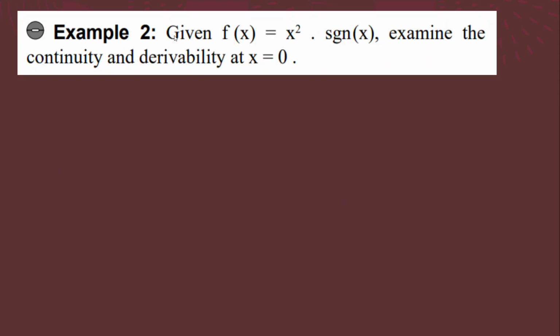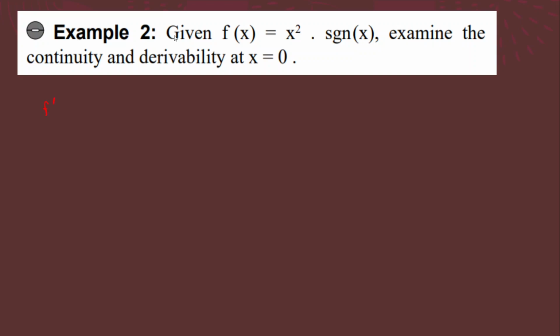Okay, so example, given f of x is equals to x squared, examine the continuity and derivability at x equals 0. Okay, so solve natin.